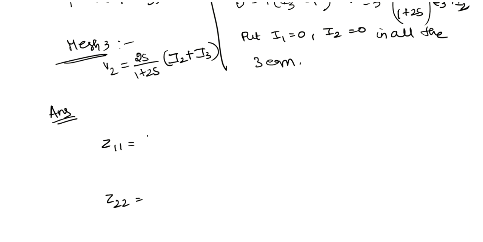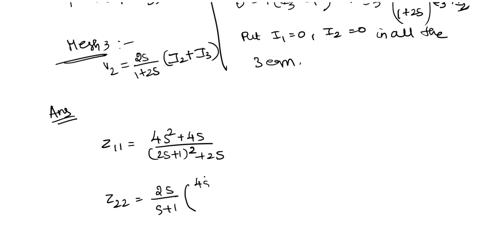The answer will be Z11 = (4s square plus 4s) divided by (2s plus 1) whole square, and Z22 will be equal to (2s plus 1)... Can you solve this problem? Okay, you just try by yourself. That is nothing but putting I1 and I2 equal to 0 in all the three equations.